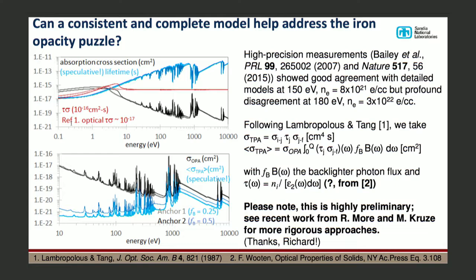And it goes in the right direction. It's a larger contribution for the case that didn't agree with standard models than for the case that did. I'm not sure that this is even the right approach, that there's any way to get a two-photon opacity from an average atom model, but I think it's worth pursuing.